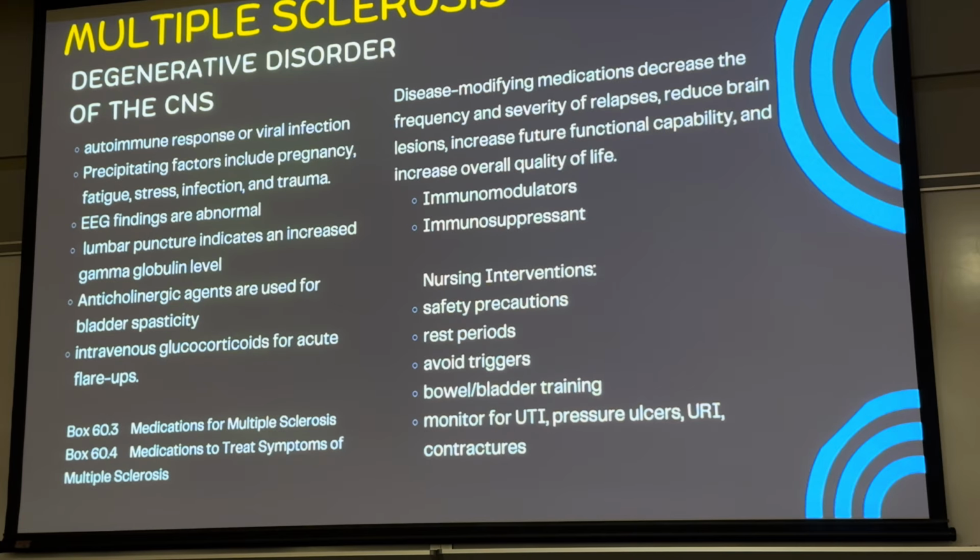No slip rugs. Should I have rugs at all? No, if at all possible, no slip rugs. What else? Cords, make sure they're up and out of the way. Fire hazards.